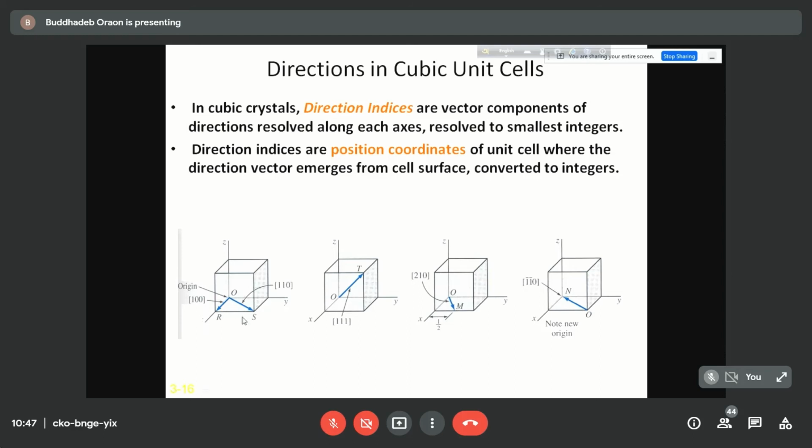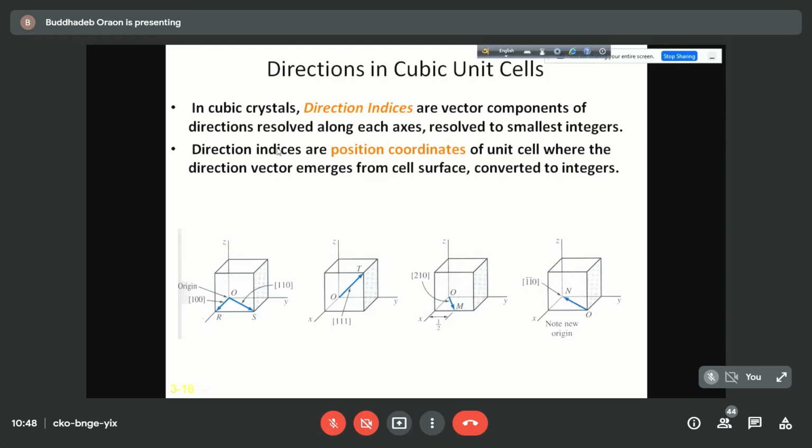Similarly, you will have 2 points, and if you connect the 2 points with proper direction, then you will get the direction vector or the direction indices. But that is to be denoted in some form, in some way. That is what is called the Miller indices.